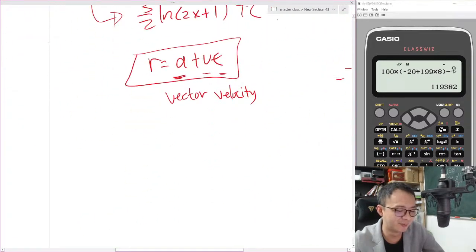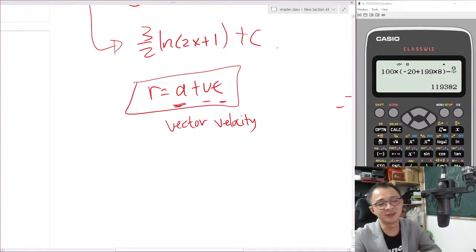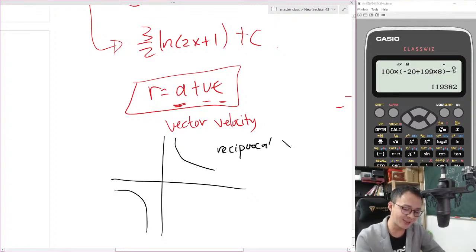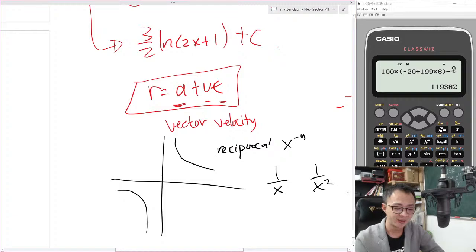For sketching graphs, normally they can give you a reciprocal graph, which is the graph we did just now. This one we call the reciprocal graph. For reciprocal, x is always to a negative power, something like 1 over x or 1 over x squared. This is a reciprocal graph you need to know.